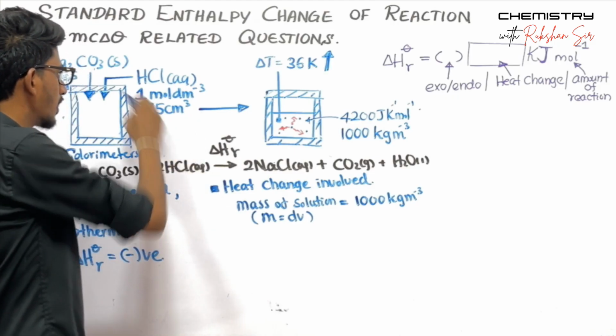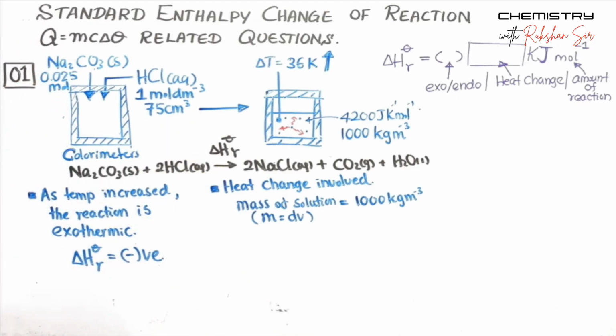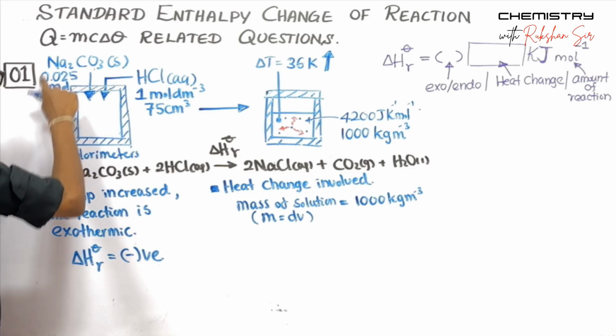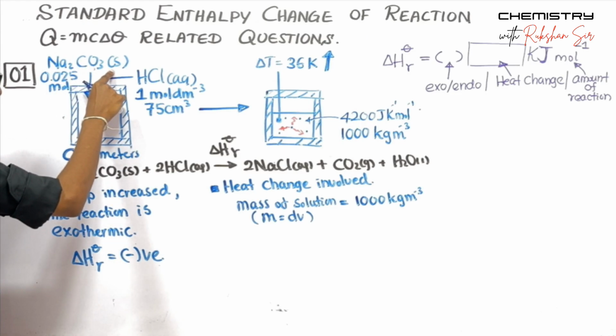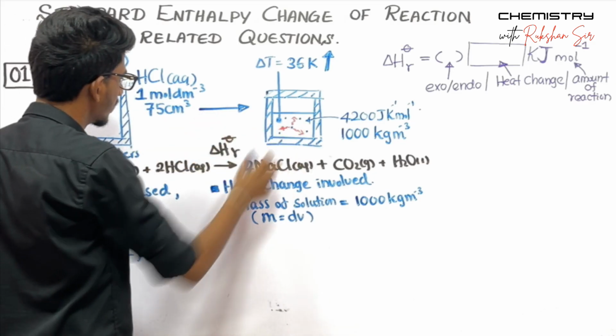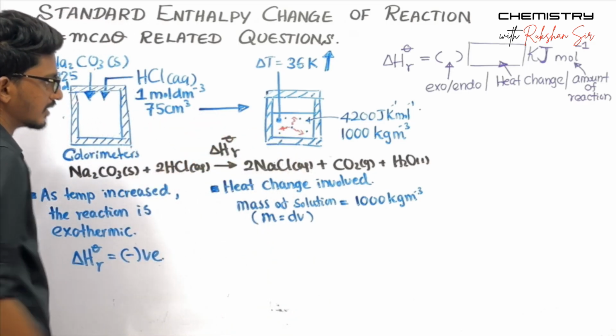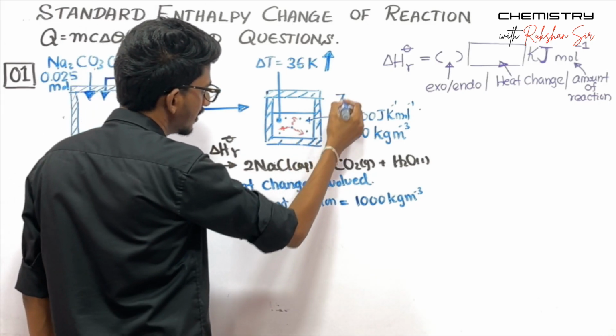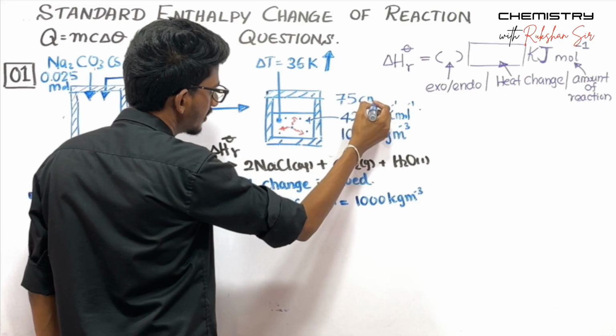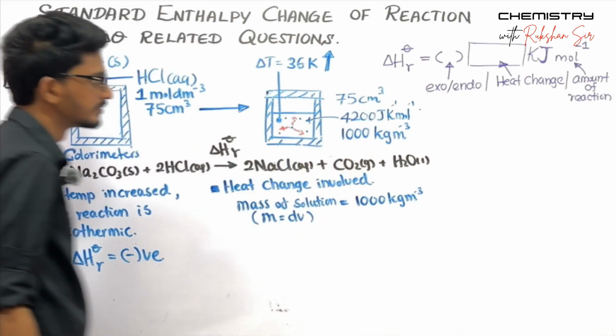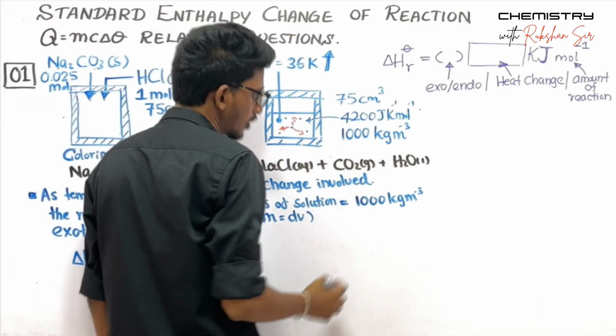The volume is supplied only by the HCl, since the sodium carbonate is added as a solid. So the volume of the solution can be taken as 75 cubic centimeters.